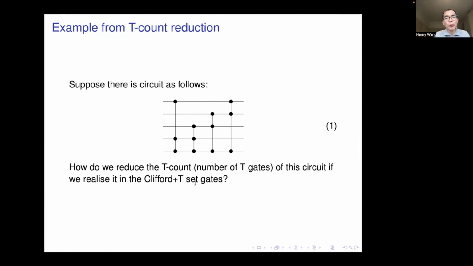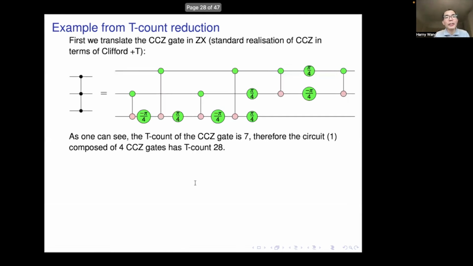So people want to reduce the number of T gates as much as possible. So the problem is, if we realize this quantum circuit in Clifford plus T circuits, how can we get rid of most of the T gates?